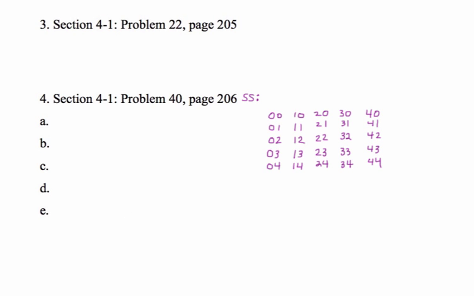So here I will try to do part A. I want an odd number on the first spin and an even number on the second spin. Well, an odd number on the first spin, that's going to be this row and this row. And then I want an even number on the second spin. So that'll be even, even, even, even, even, even.